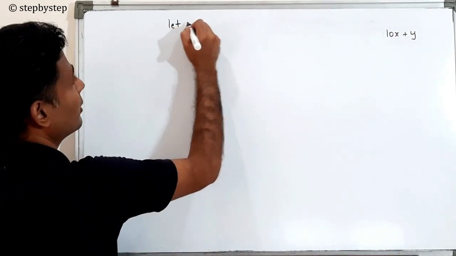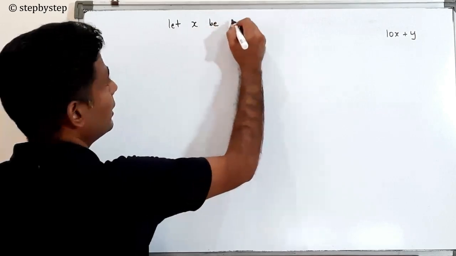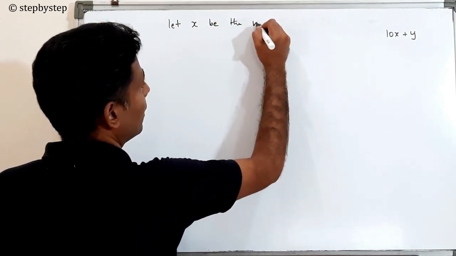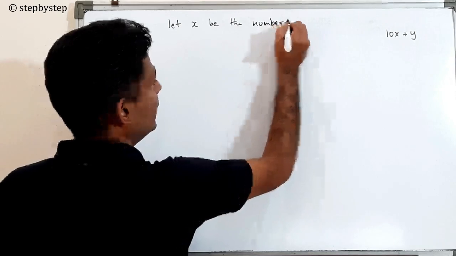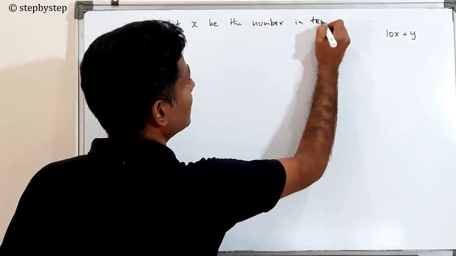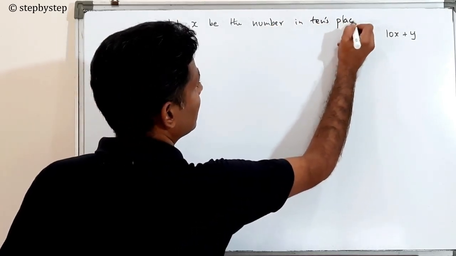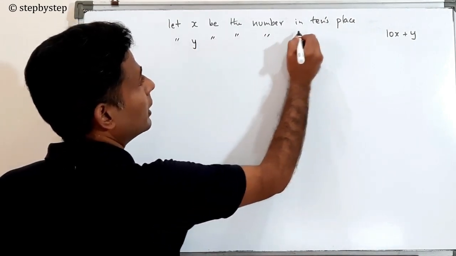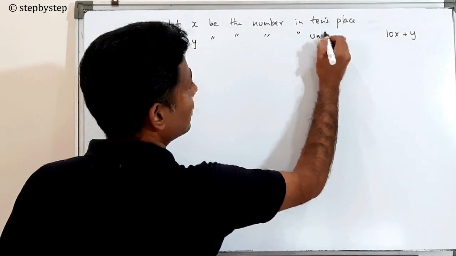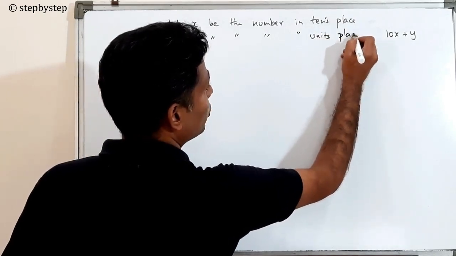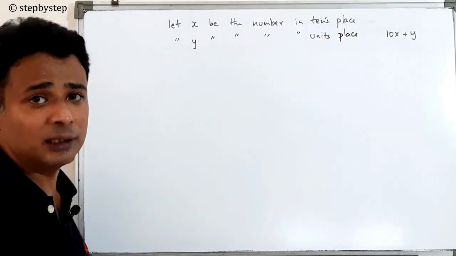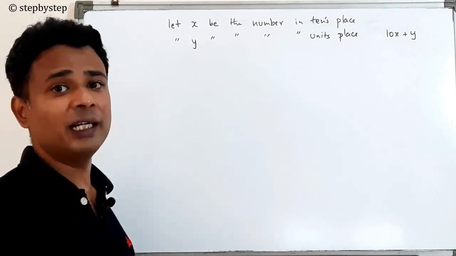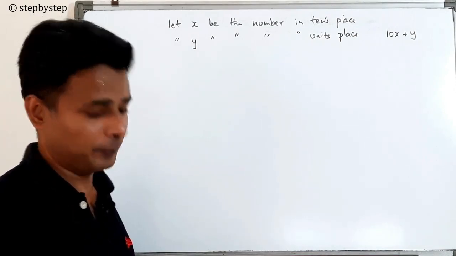So let x be the number in the tens place and let y be the number in the units place. Remember guys, you have to write this every time before you start a word problem. You have to tell what variables you have taken, x and y.